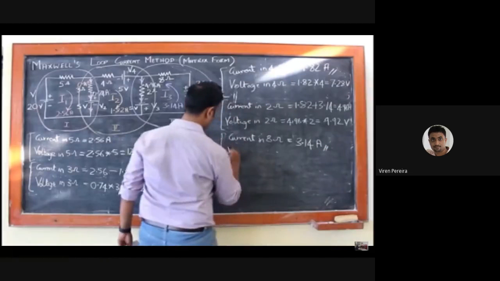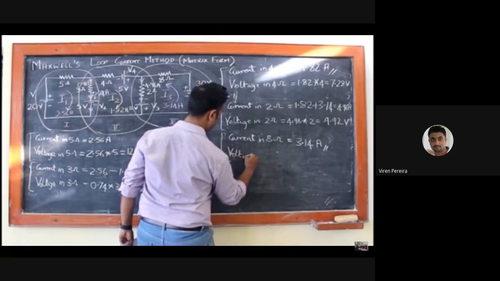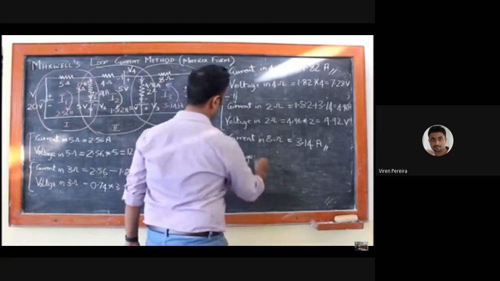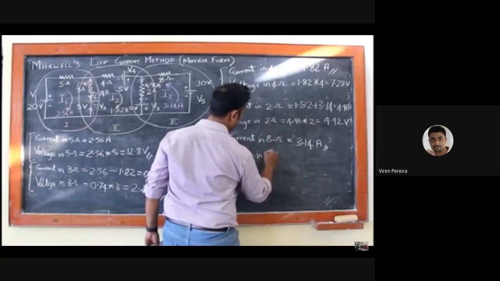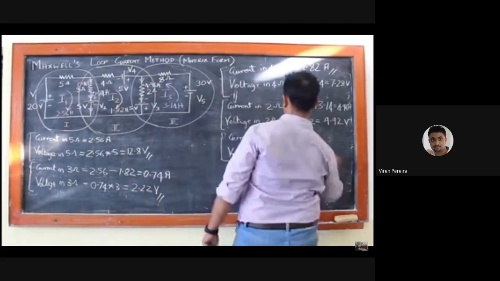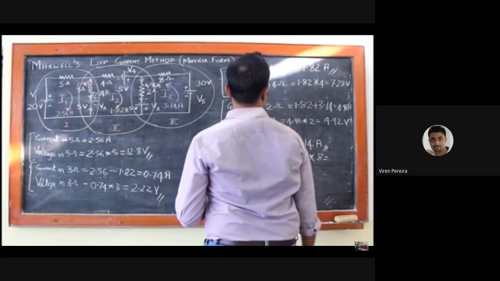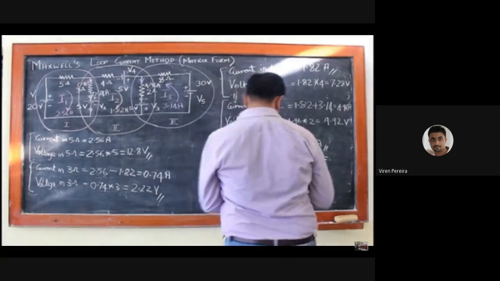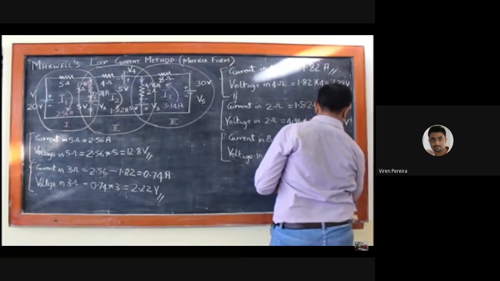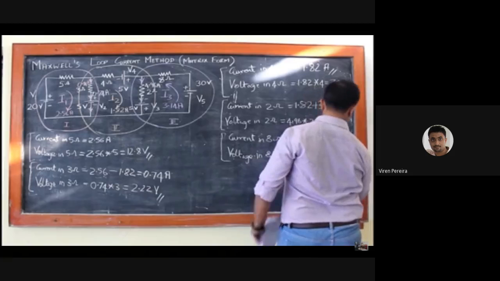So the voltage in the 8 ohms resistor will be 25.12 volts.